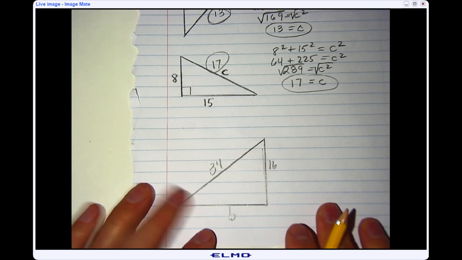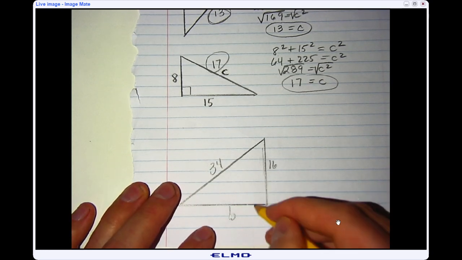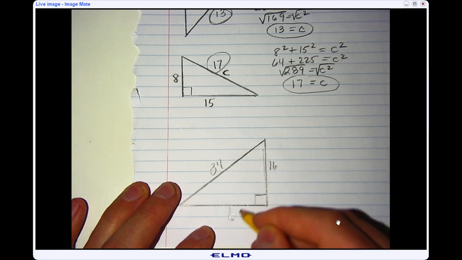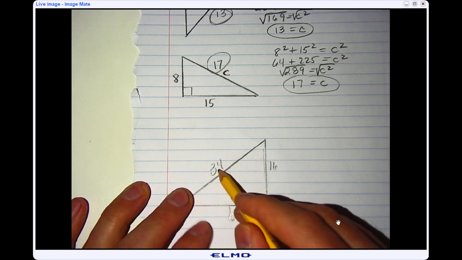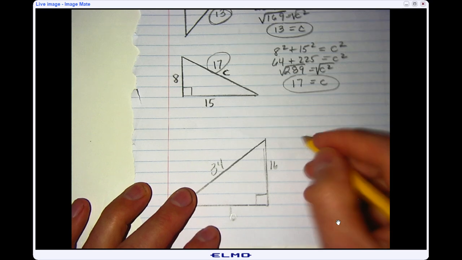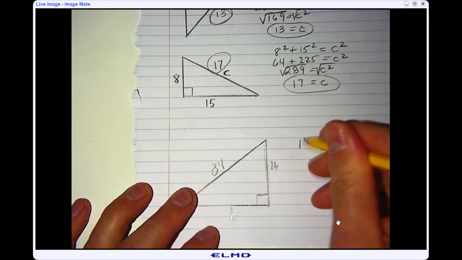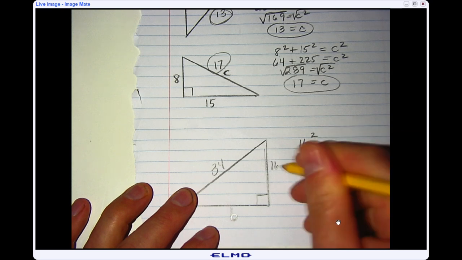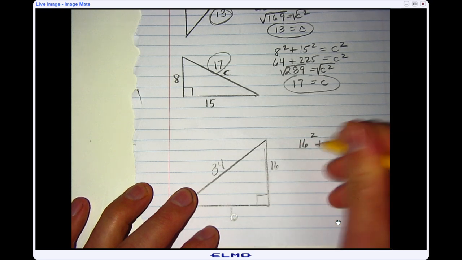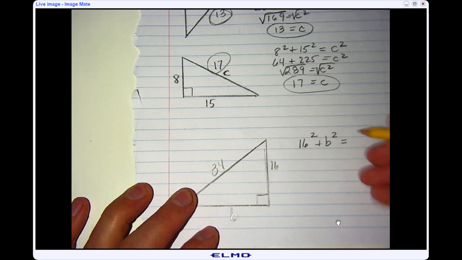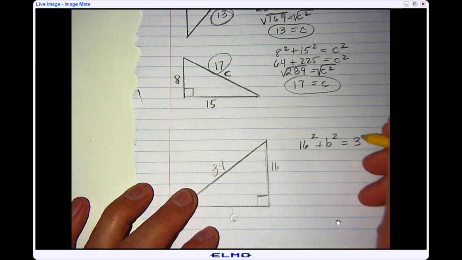Now my last example for the Pythagorean theorem: sometimes you don't know one of the two legs and you know the hypotenuse instead. You would still set up the same way you usually do. So again, I would go 16 squared, which is one of my legs, plus the other leg, b squared, equals my hypotenuse, which is 34 squared.